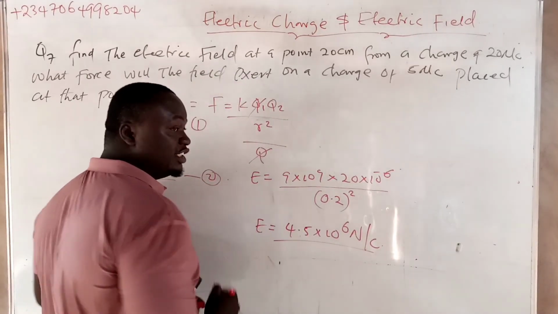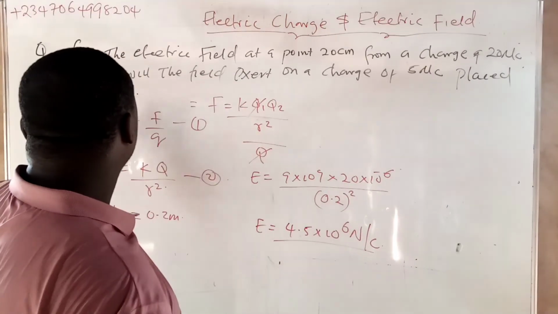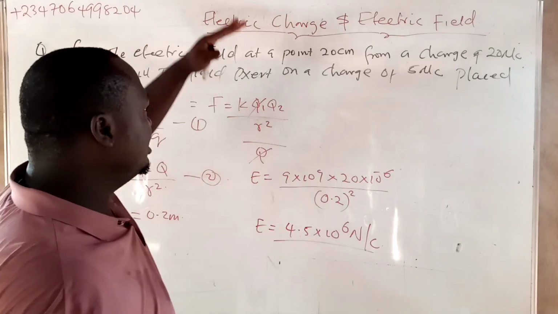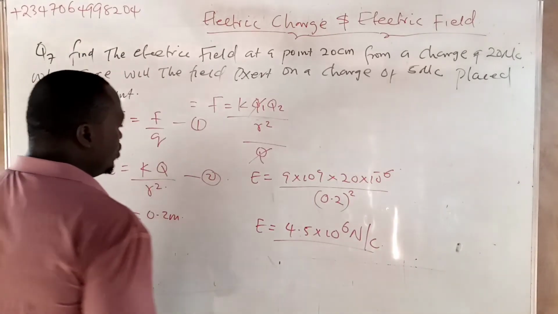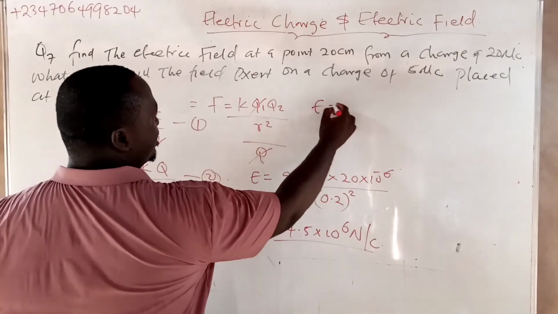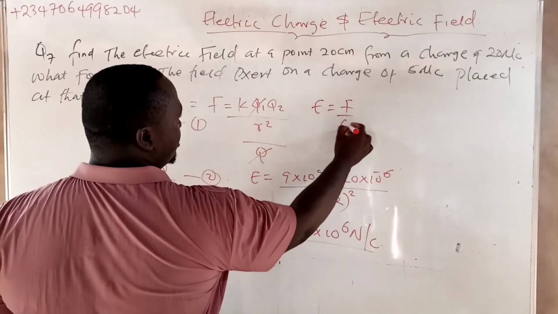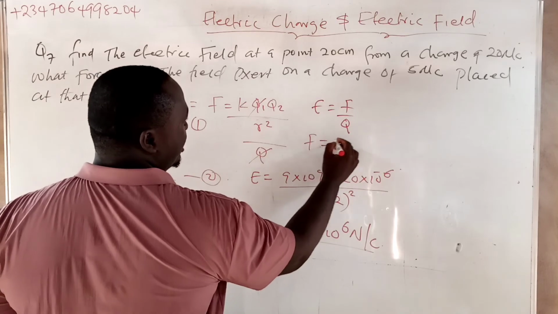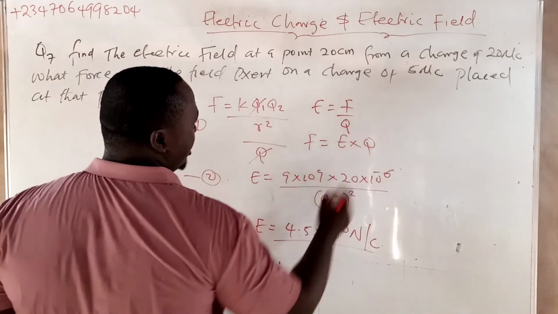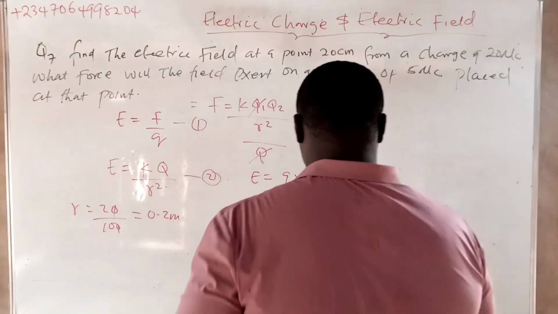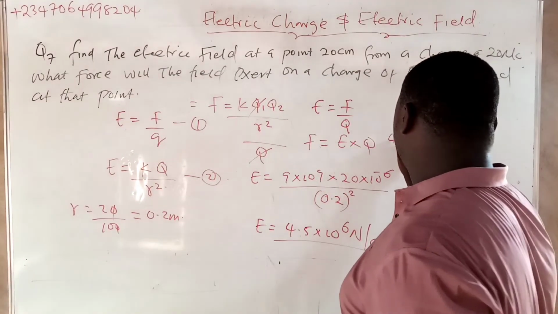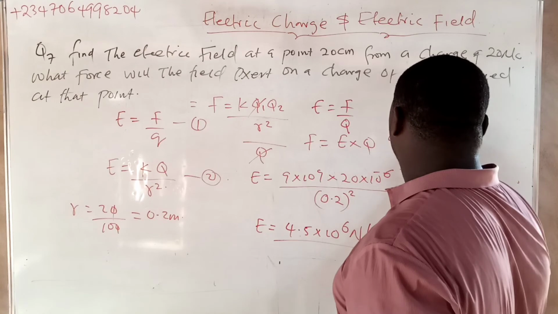Now, that is for the first part. The second part asks, what force will it exert on a charge of 5 microcoulombs? Electric field is force all over charge, so force will now be electric field times charge. Electric field here, we already got to be 4.5 times 10 raised to the power of 6.